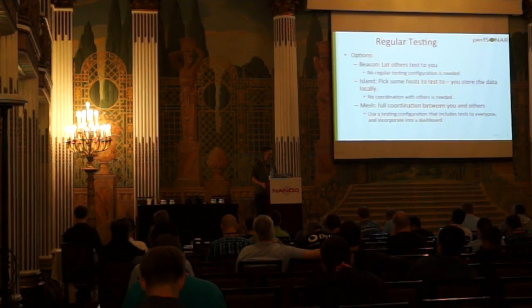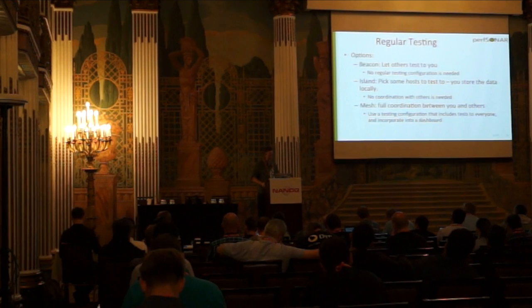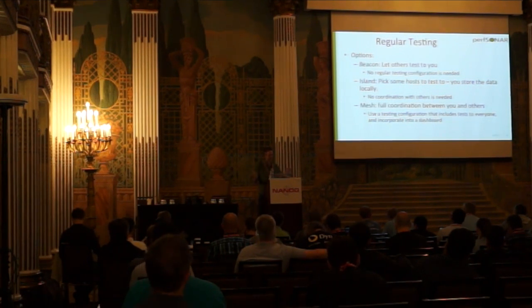The island model is where you pick some host to test from, configuring one node that you're testing out to a bunch of different places. I have another slide that goes into more detail on that. And then the mesh model is full coordination between a whole lot of nodes, which is what's used in these dashboard examples.